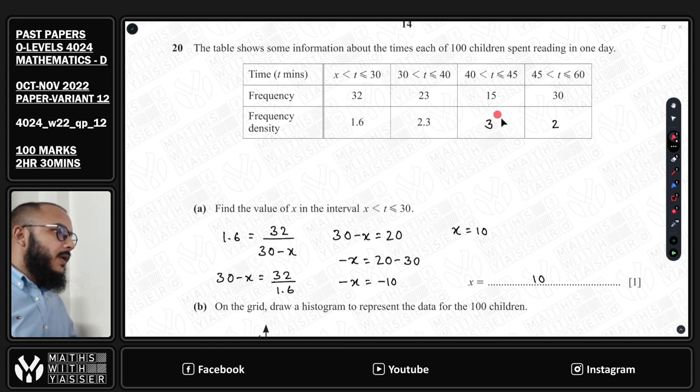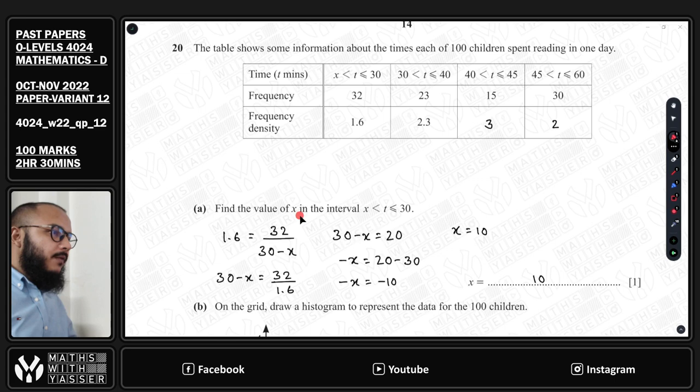So frequency density is frequency over class width. That means 15 divided by the class width. And what is the class width? The class width will be 45 minus 40, which is 5. So 15 divided by 5 will be 3. And the class width over here is 60 minus 45, which is 15. So 30 divided by 15 will be 2, and that is the frequency density.